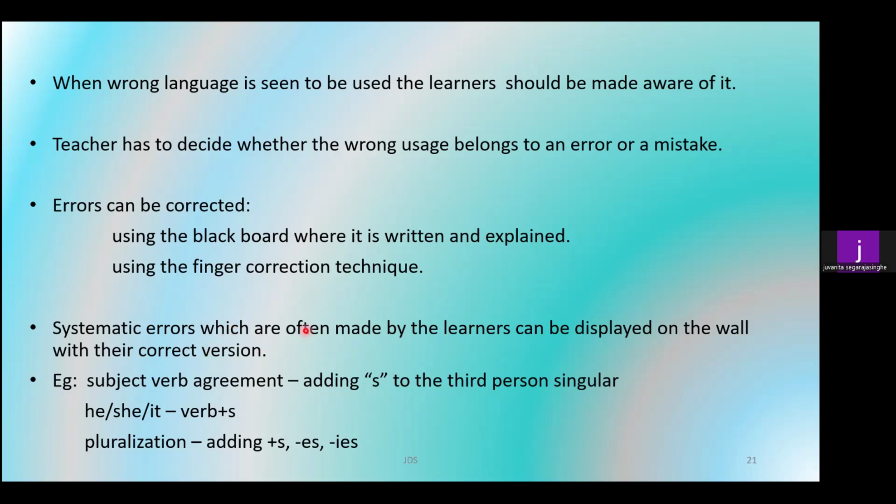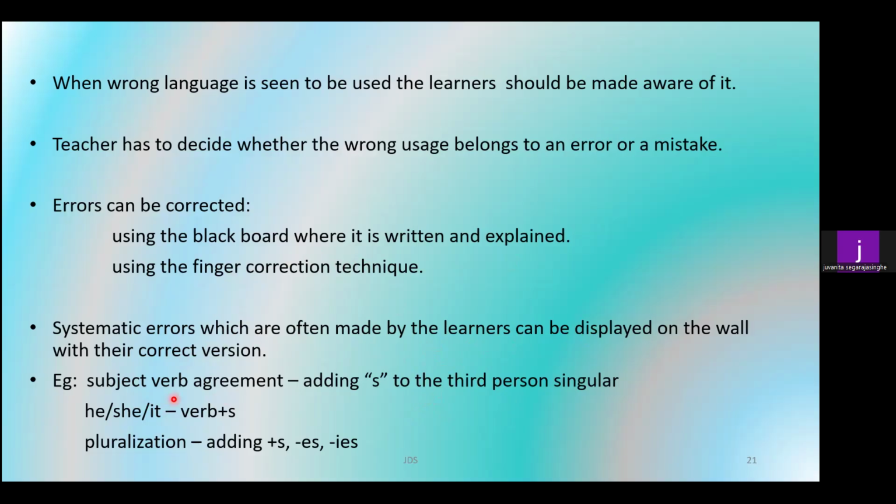Systematic errors which are often made by the learners can be displayed on the wall. Whatever errors the teacher has identified, it's better to display not the errors, but the correct version of the errors, on the blackboard, or maybe on a notice board, classroom wall, or somewhere else.